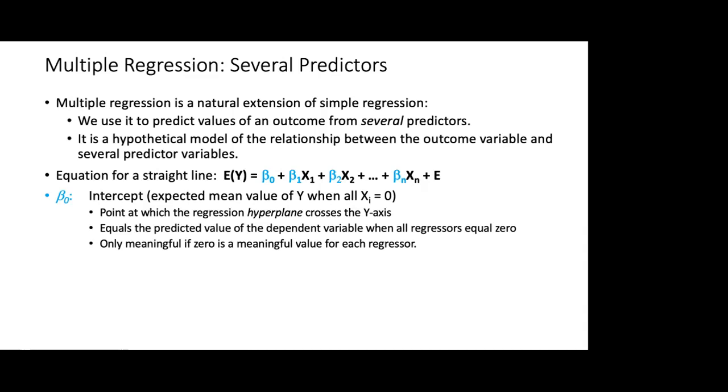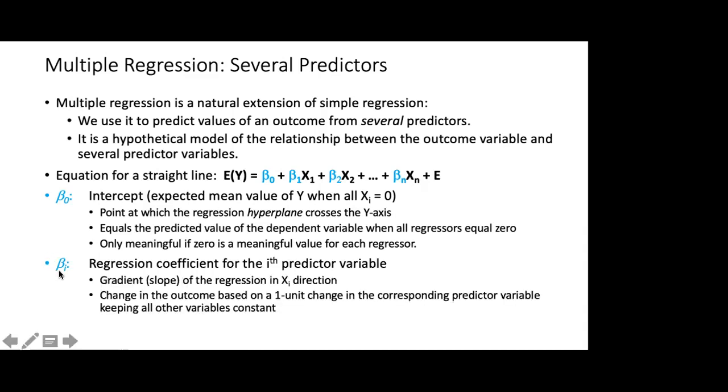Okay, and then keep in mind that the intercept is only meaningful if 0 is a meaningful value for each of the predictors, right? So predictors, explanatory variables, regressors, independent variables, they're all the same, just different notations.